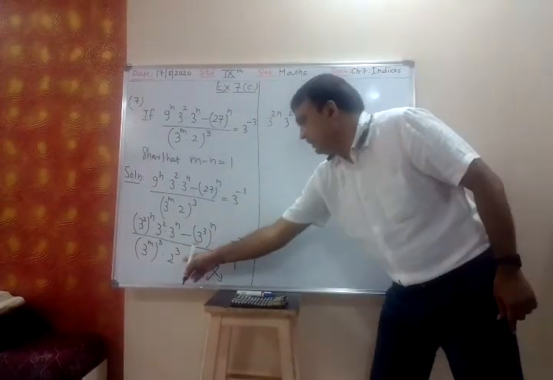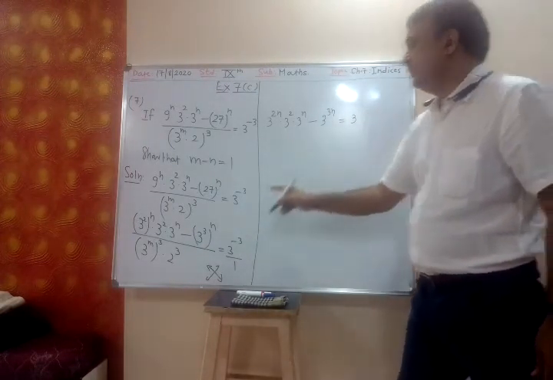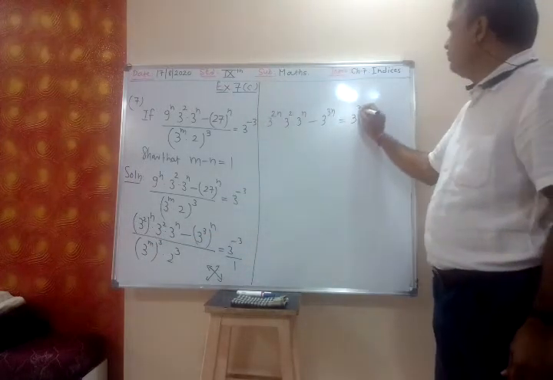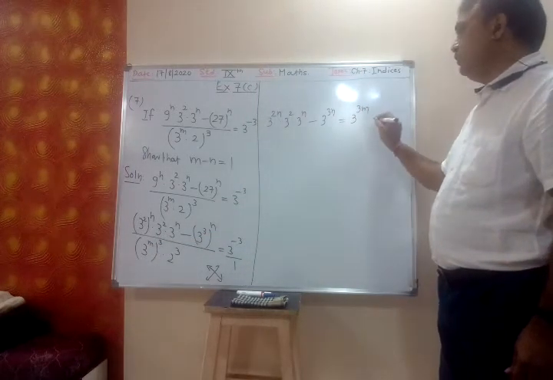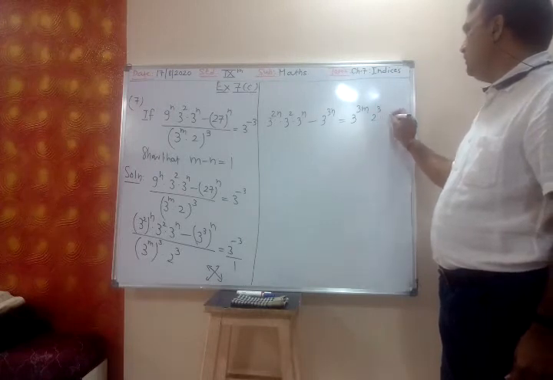So this will get multiplied to 3 raised to minus 3. So that becomes 3 raised to m, m to the power 3 will be 3m, into 2 raised to 3 into 3 raised to minus 3.